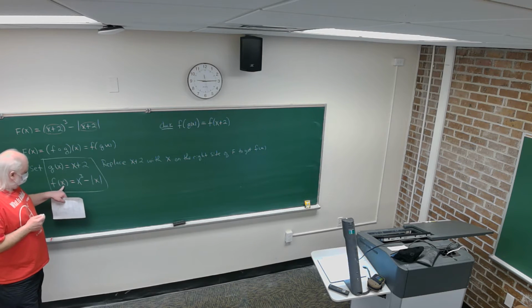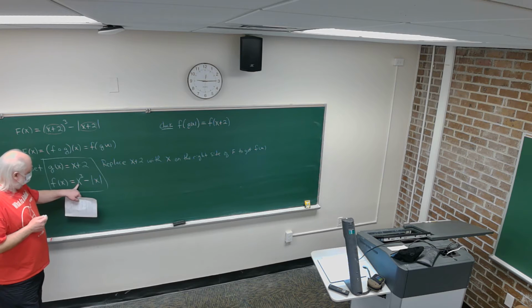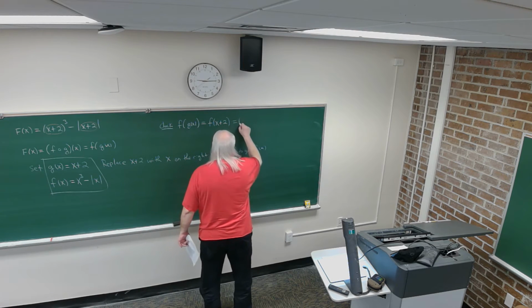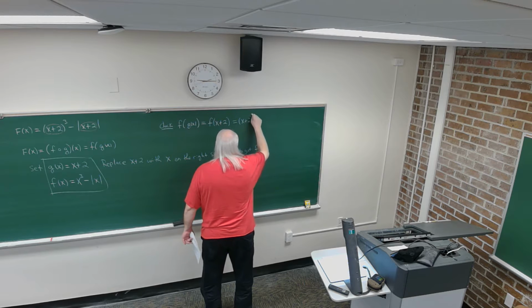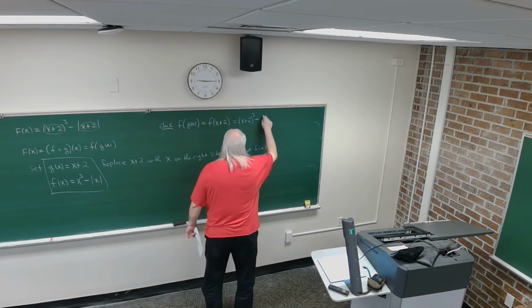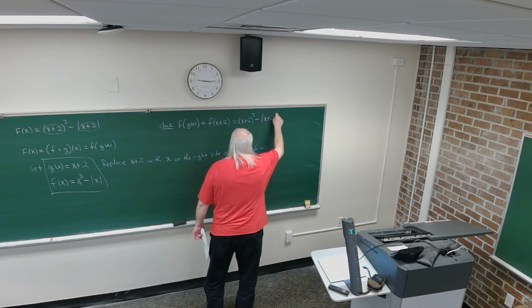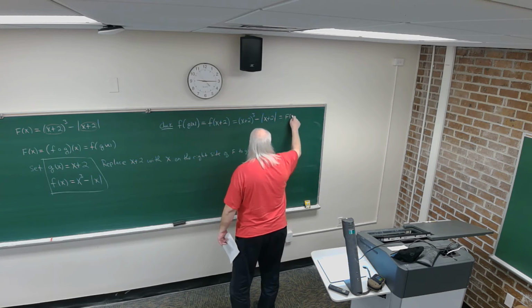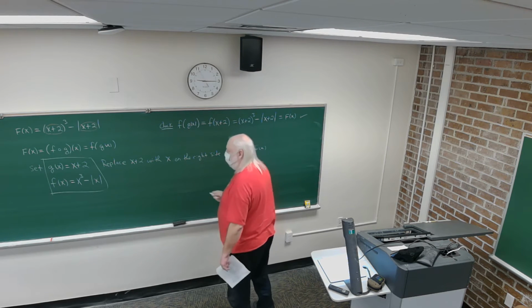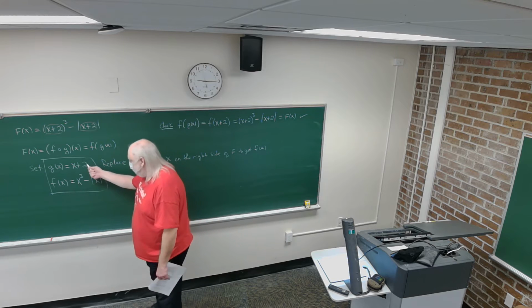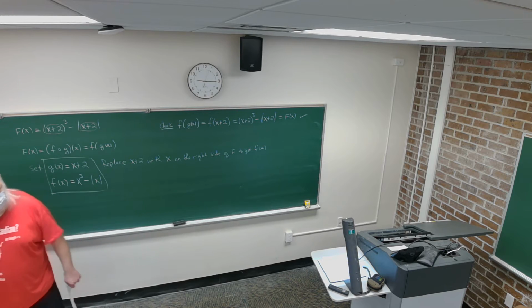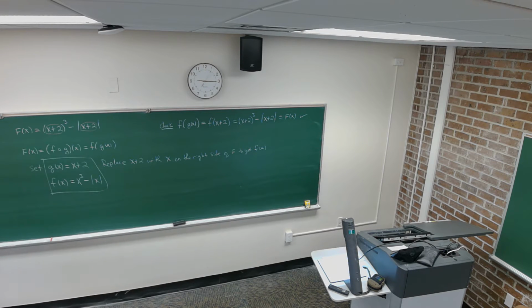And to do that, you replace x in little f of x with x plus 2 on the right hand side. And when you do that, you have (x plus 2) cubed minus the absolute value of x plus 2. And that equals big F of x. So our choice for an inner function and an outer function worked. Okay? Their composition equals the original function, big F of x.